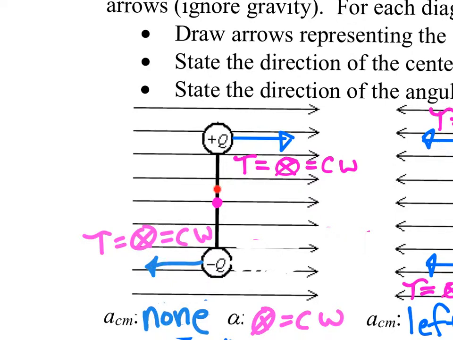Same thing here. If you point your fingers up towards positive Q, and then you curl your fingers to the right, your thumb will also point into the page, which is a clockwise rotation. So make sure you've got the corrections set on this one, and then let's look at the next couple.